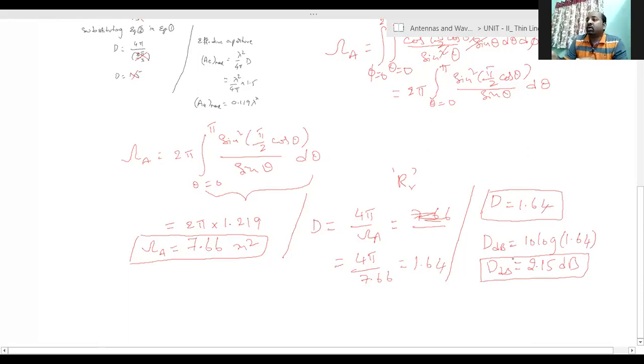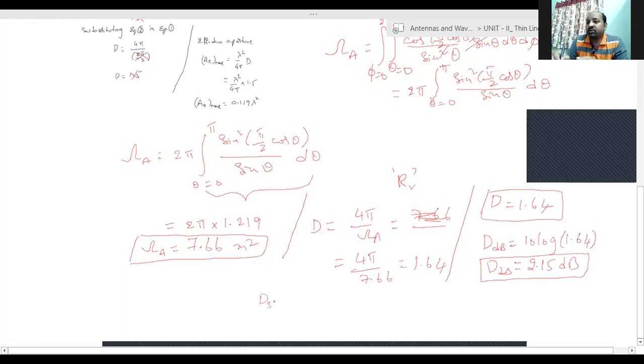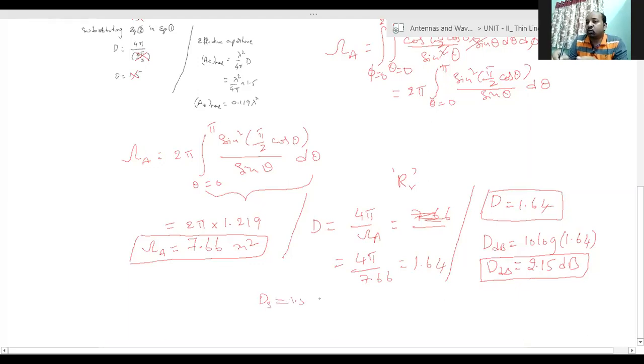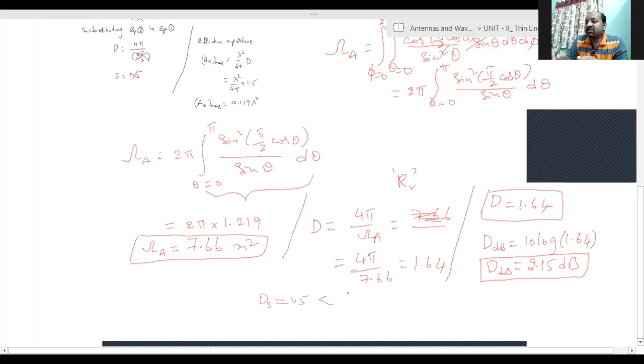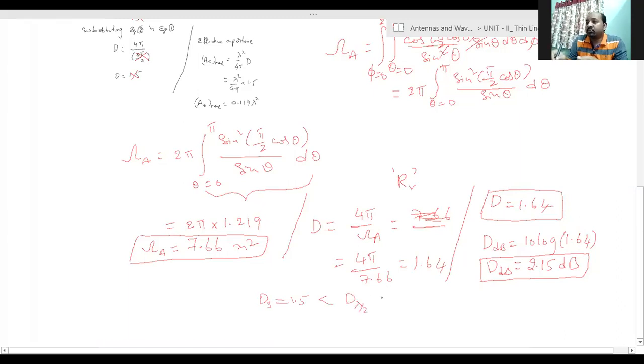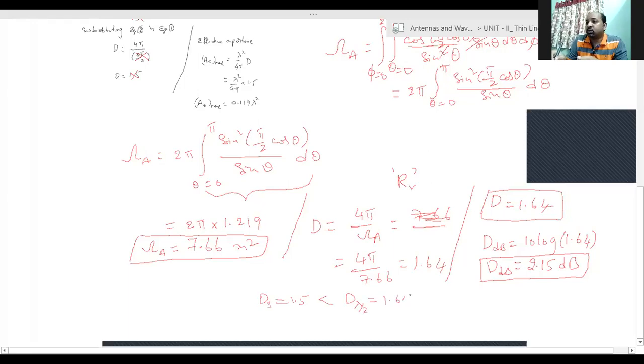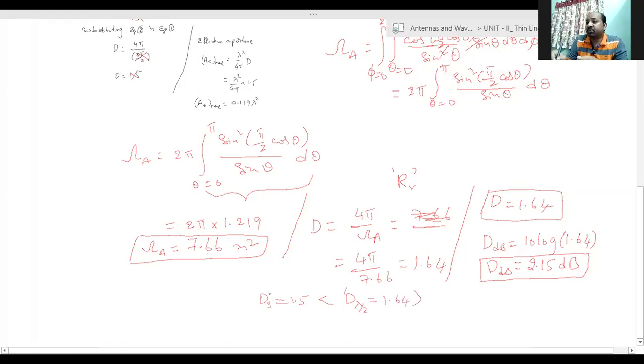While comparing, the directivity of a short dipole is 1.5, which is less than the directivity of a half wave dipole, which is 1.64. The directivity of short dipole is 1.5, which we have derived earlier.